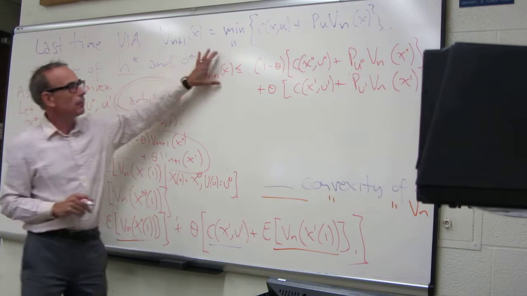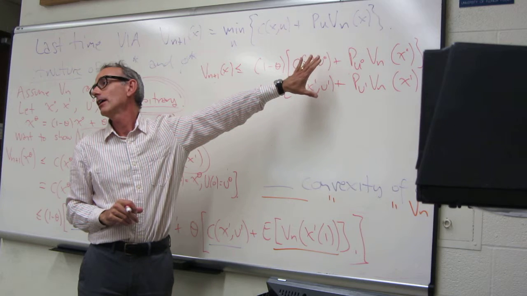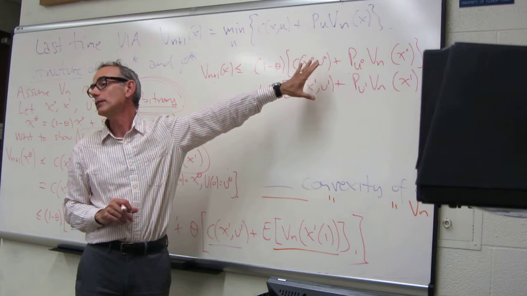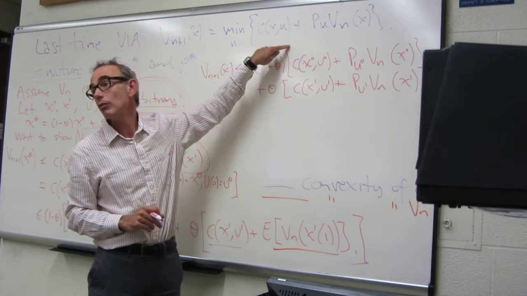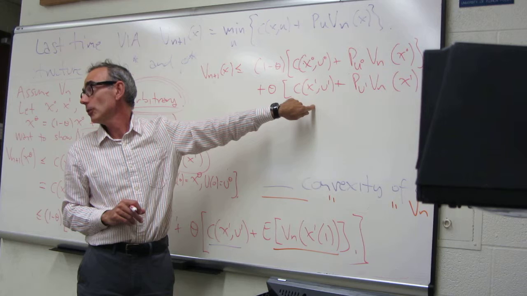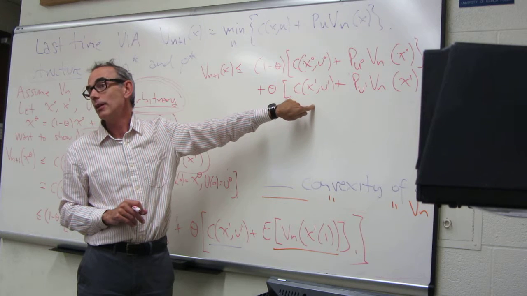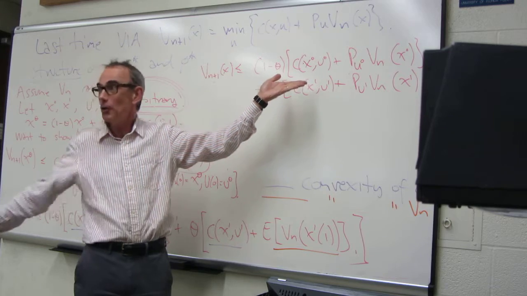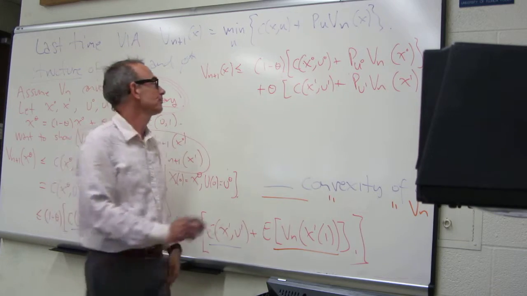So if I have something less than a function of u0 and u1, I can now take the minimum of the right-hand side. Take the minimum over all u0 over here, take the minimum over all u1 over here. I've got something less than this for all u0 and u1, so take the minimum.